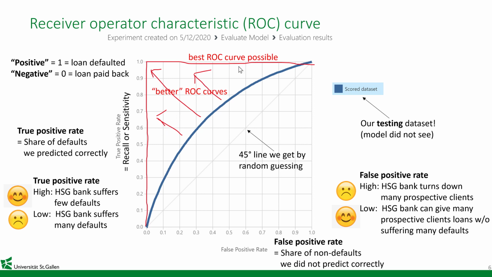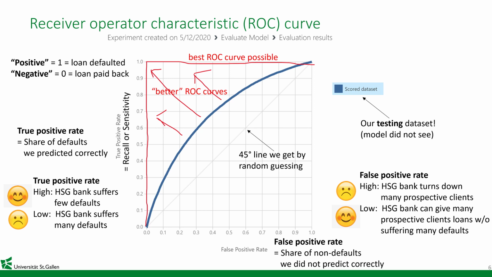This is a win. So this means if we have two models and one of the ROC curves is above the other ROC curve, we would prefer, of course, that model with the higher ROC curve. So the ROC curves can really also be useful in model selection, or which algorithm we should choose for our particular business question.